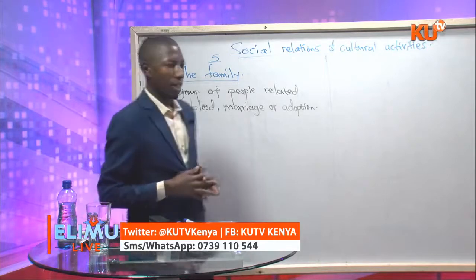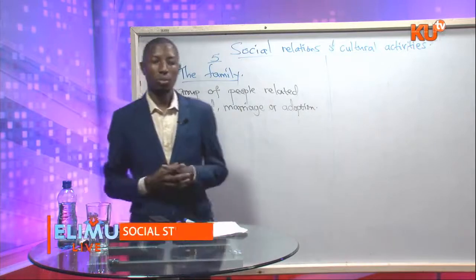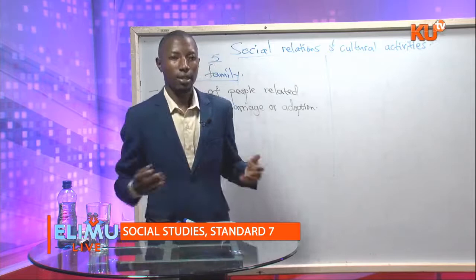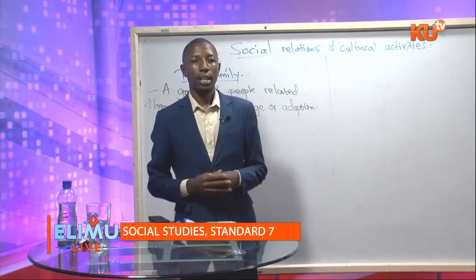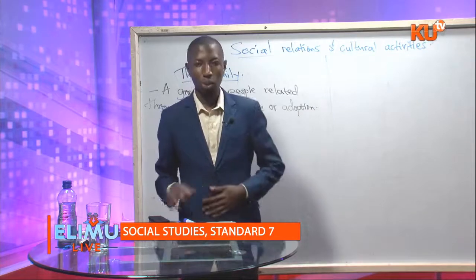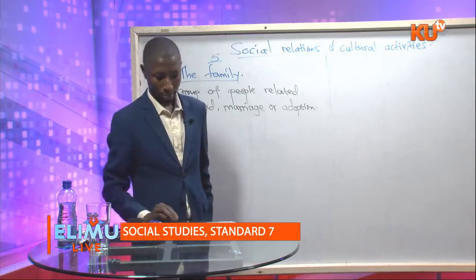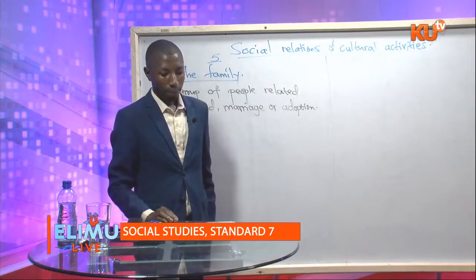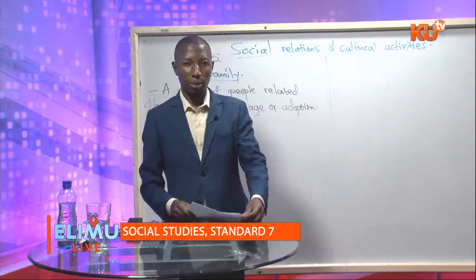And then you said that there are three ways in which people can be related in a family. One is through blood, like siblings. The second is through marriage, like a husband and wife. Then that is through adoption, parents and children who are adopted. Now, sometimes also parents can be adopted.